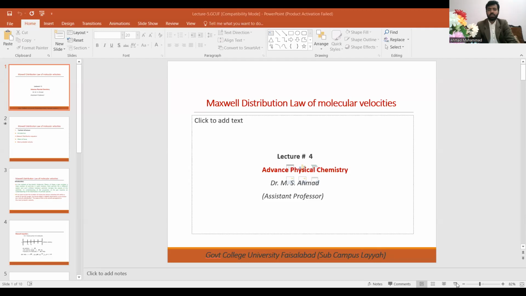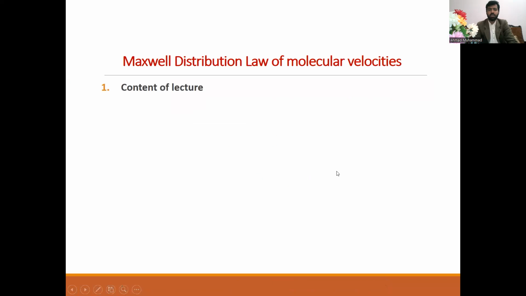In this lecture, we will discuss different contents. First is the introduction of Maxwell law about the molecular velocity. Second, we will discuss the Maxwell distribution equation.